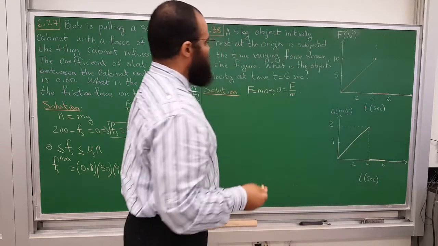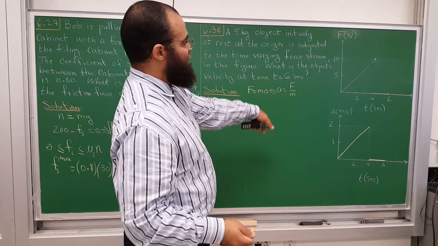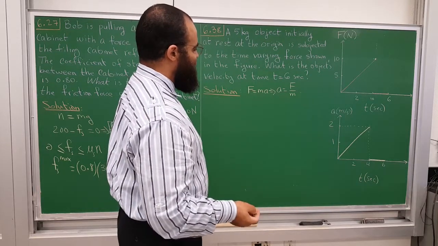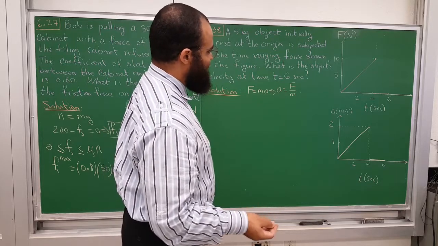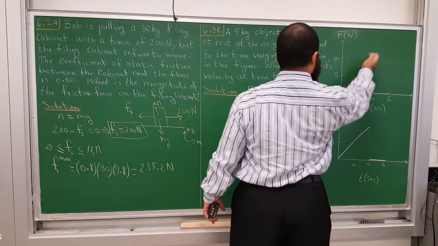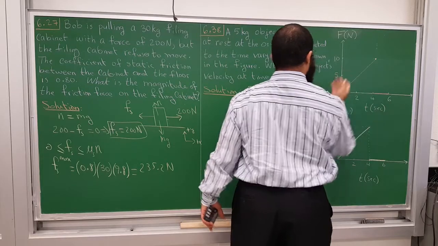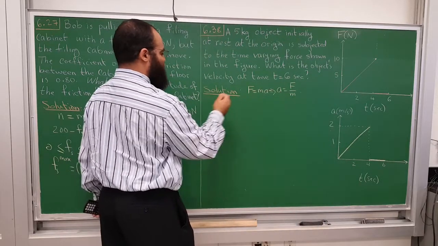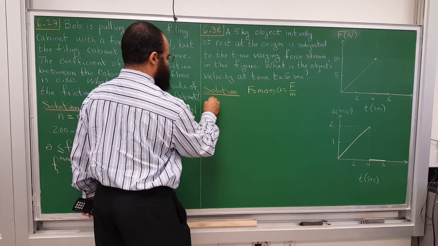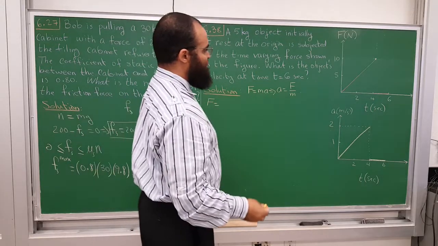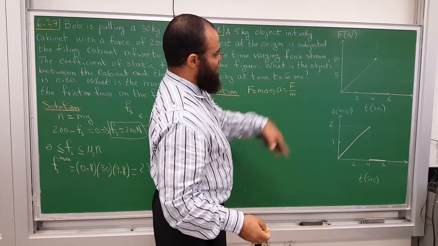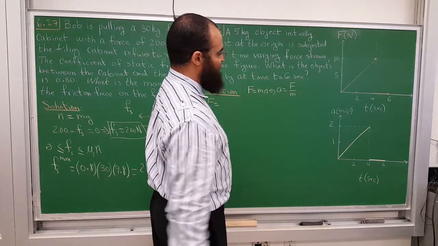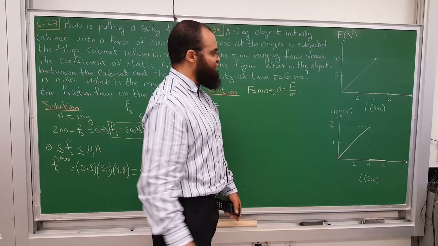I mean, if you want, you can find the equation of the line. No reason to do that. Or actually, why not? Let me find the equation of this line, and then find the acceleration. So during the time between 2 and 4 seconds, the force will be what? Well, on the y-axis you have the force, on the x-axis you have the time. So the force will just be the slope times the x-axis, because the y-intercept is 0.